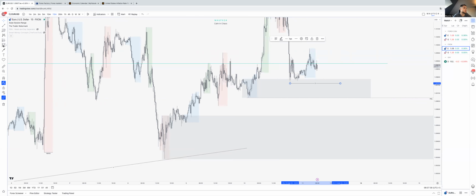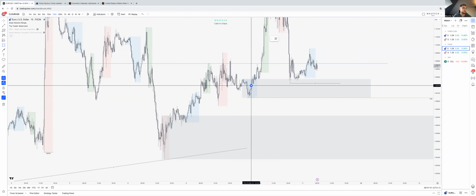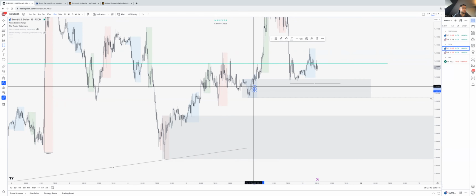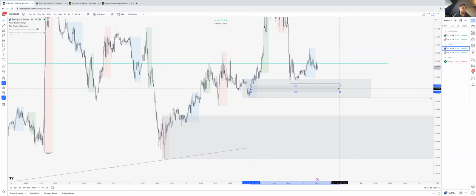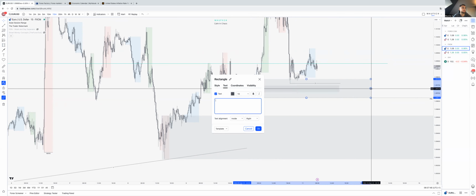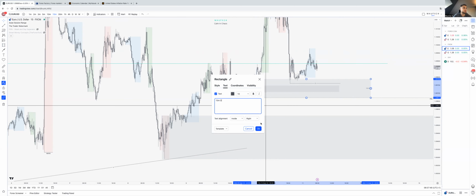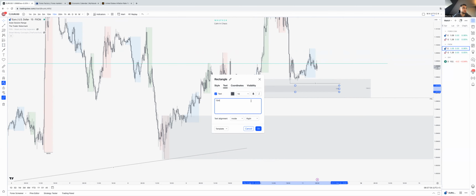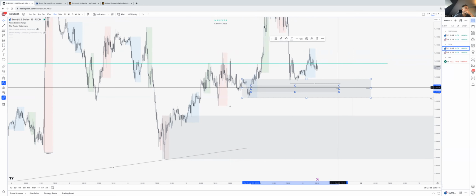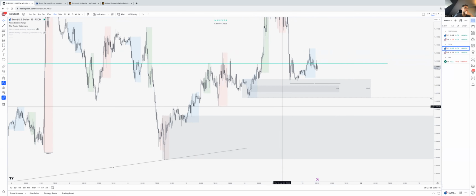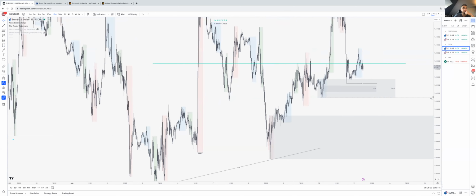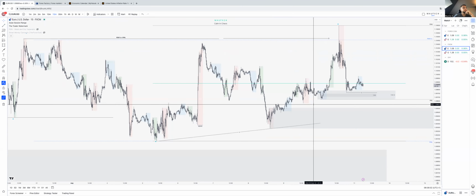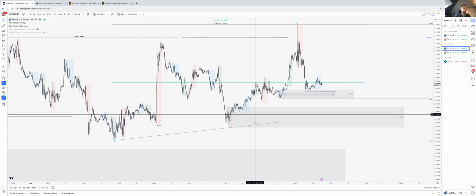We can see that inside we have a 50-minute order block, a demand zone, an order block. But other than that, this is not looking good on the higher time frame to me, and therefore I will wait for the extremes to look for longs.